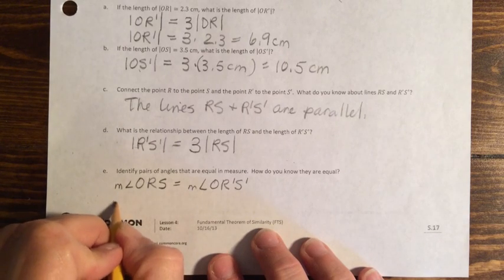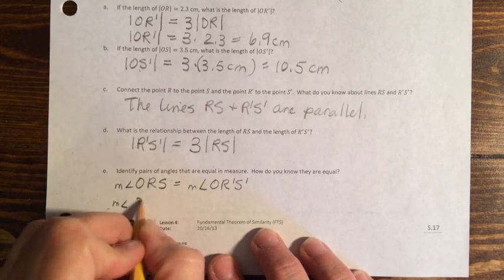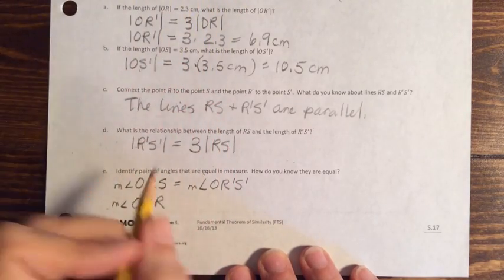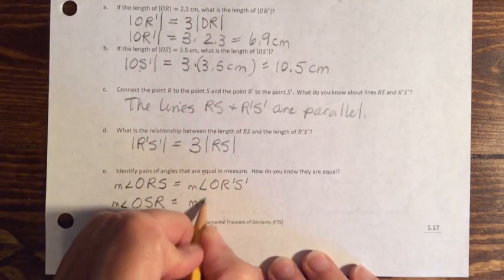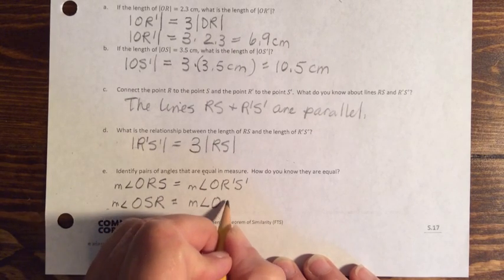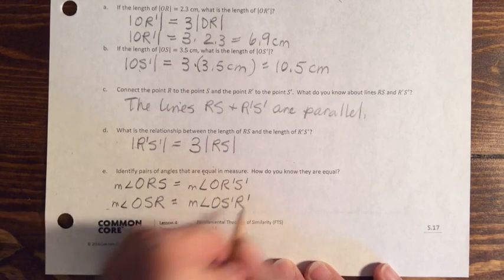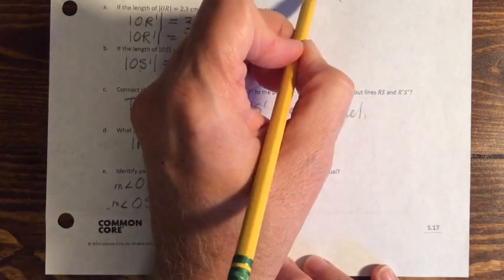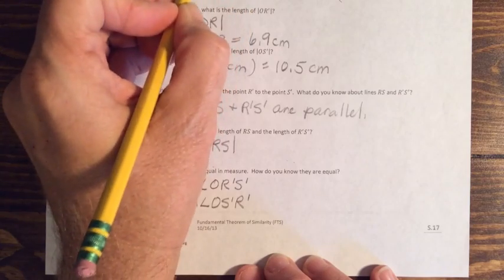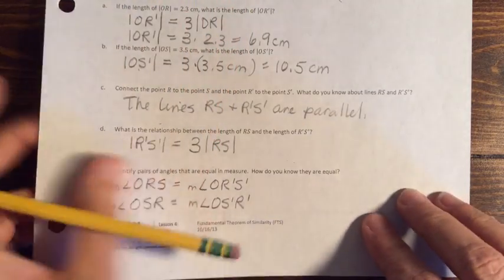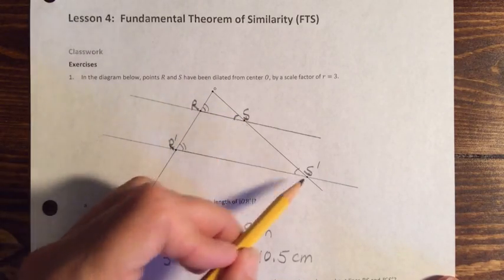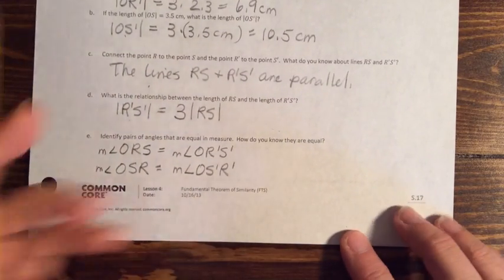And we know that the measure of angle OSR, that's this one right here, is equal to the measure of angle OS prime R prime. So this angle is equal to that angle, and this angle is equal to that angle. Those two angles are equal, and those two angles are equal in measure. And we're asked to say, how do we know they are equal?